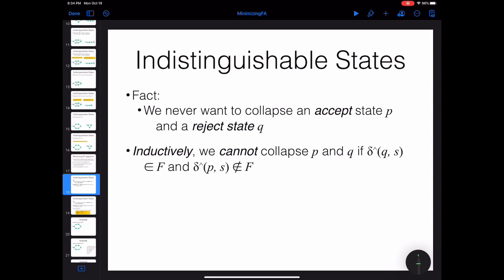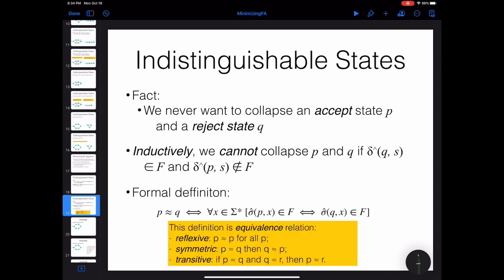Okay, from Q you reach an accepting state, from P you reach a non-accepting state. So now I can give you a formal definition for indistinguishable states.